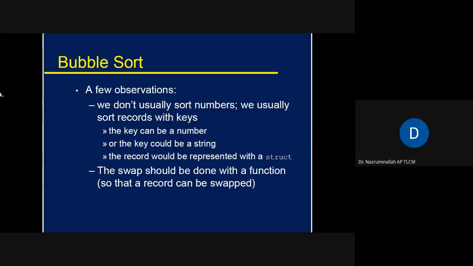So we do not usually sort numbers, we usually sort records with reference to some specific key. The decision making is with reference to the key, and after sorting those records, all the data will be sorted in terms of the key.